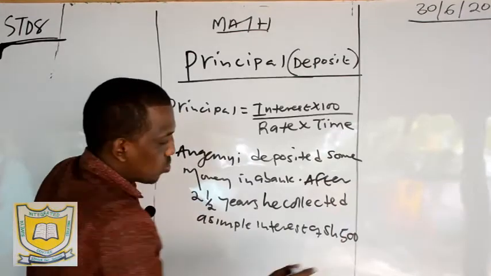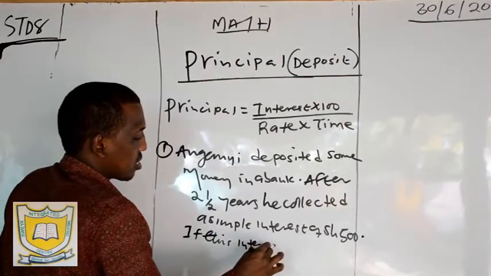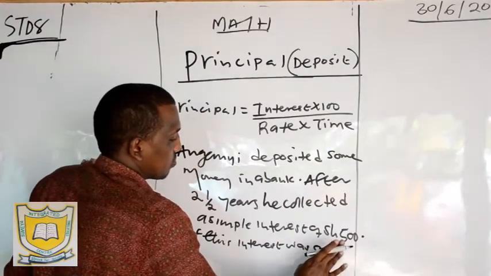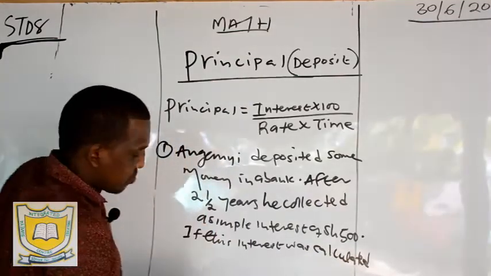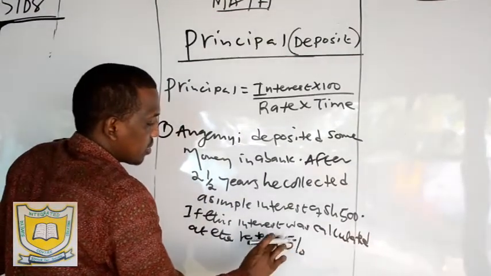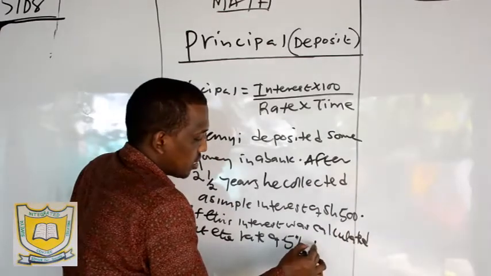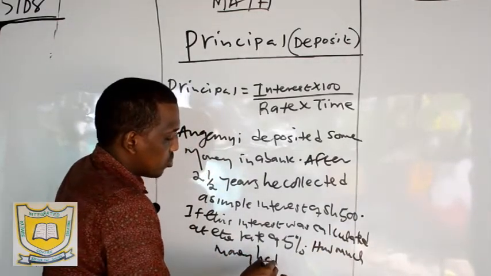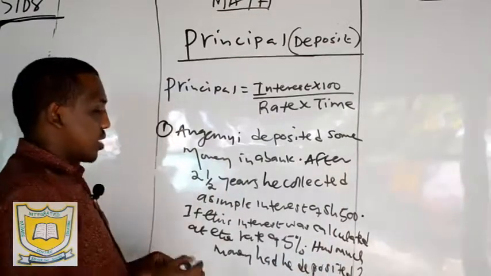If this interest was calculated at the rate of 5%, how much money had he deposited? That's what they are asking.